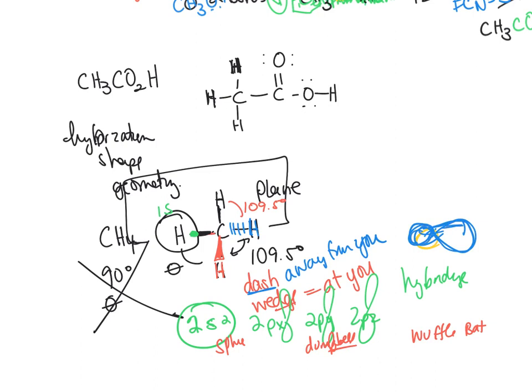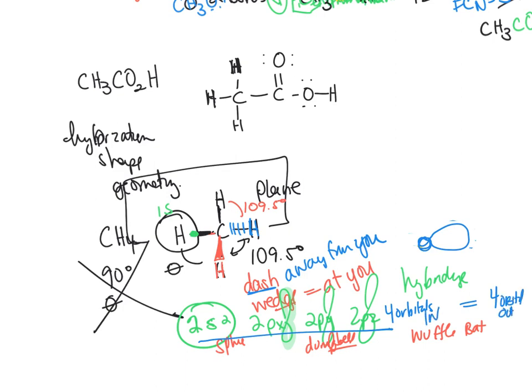P has equal up and down, but a wiffle ball bat looks like that. And if you hybridize, if you put 1, 2, 3, 4 orbitals in, you've got to get 4 orbitals out. So you can get 4 of these wiffle ball shapes, okay?